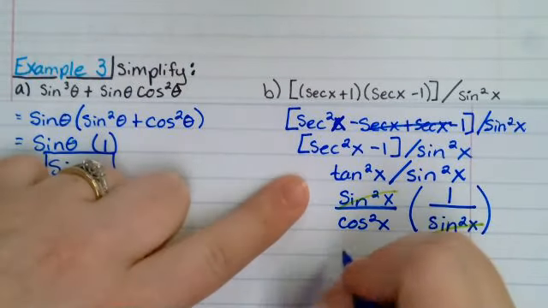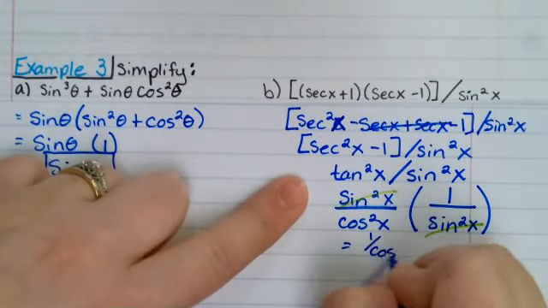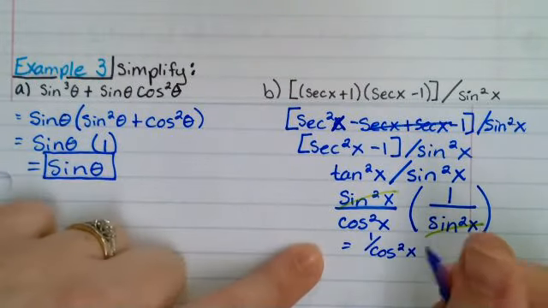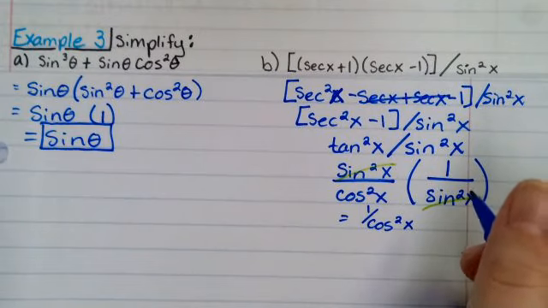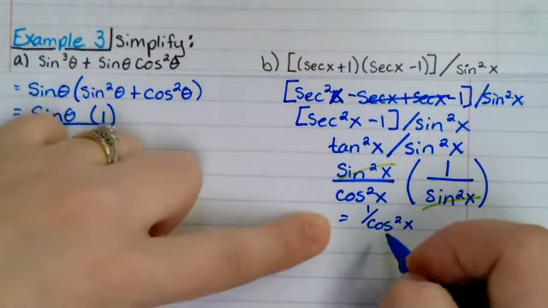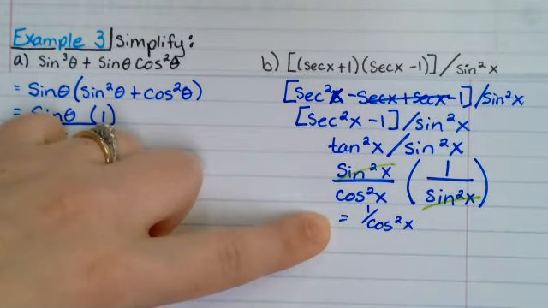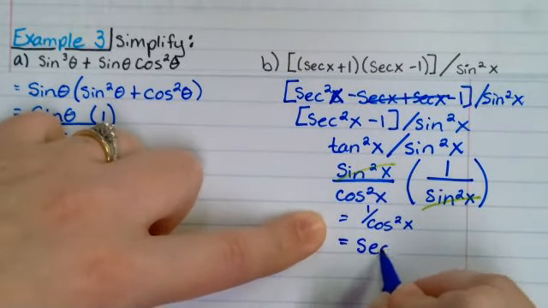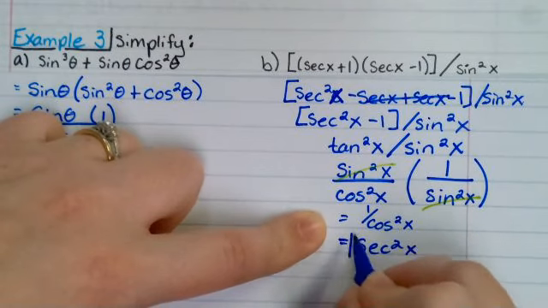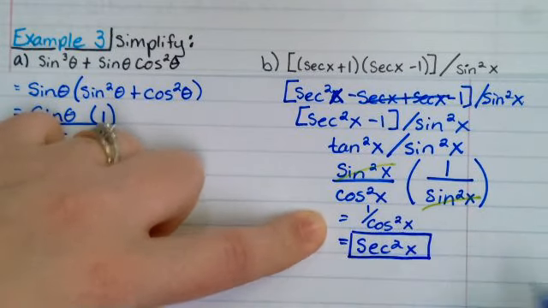So I'm really getting something more like 1 over cosine squared. But it's not great to always leave these, unless they tell you to leave it in terms of sine or cosine for some reason. It's better to write it using the reciprocal identity. 1 over cosine is the same as secant. So secant squared x would be your answer.